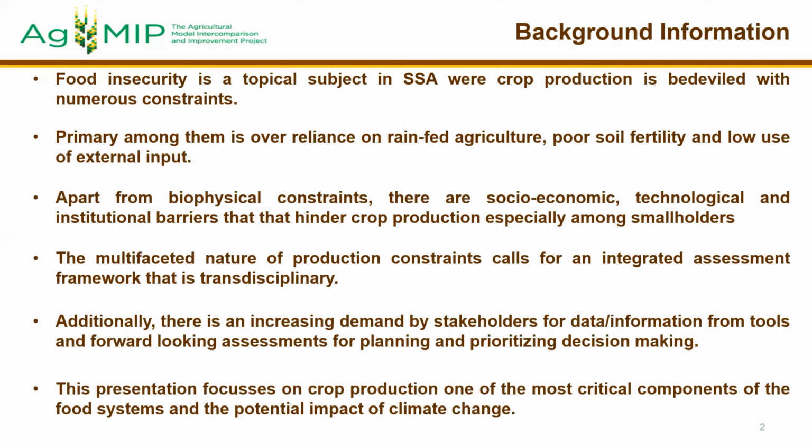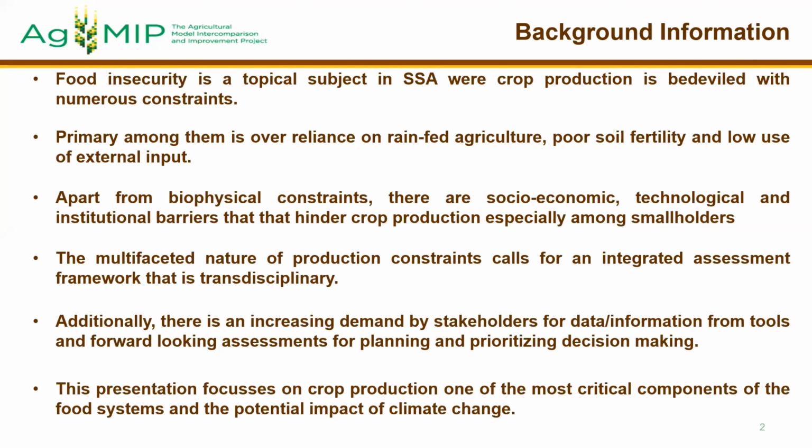Primarily among them is the over-reliance on rain-fed agriculture, poor soil fertility, and low use of external inputs. Apart from these biophysical constraints, there are also other barriers, such as socioeconomic, technological, and institutional ones, which hinder crop production, especially among smallholders, who make up the bulk of crop production.